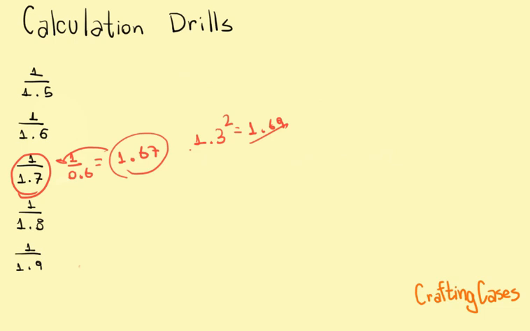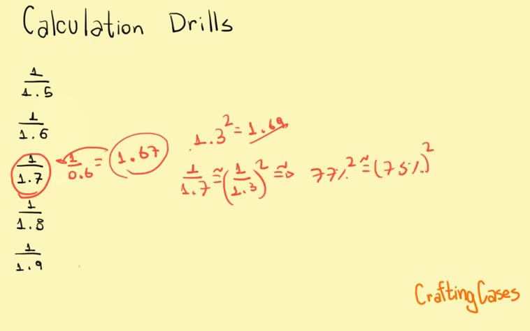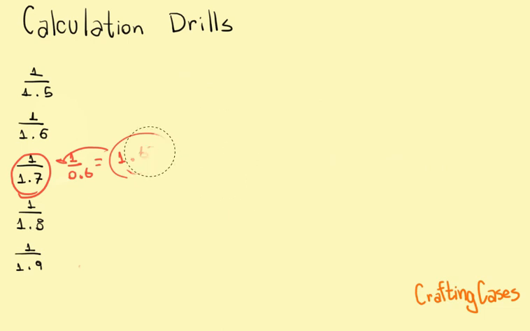Knowing this, you should know that 1 over 1.7 is quite close to 1 over 1.3 squared, which is 77% squared, which is a little bit hard unless you round it down to 75% squared. That makes it easier. Not that easy, but still makes it easier. There are easy ways to do this, okay? Let's take a look at them.